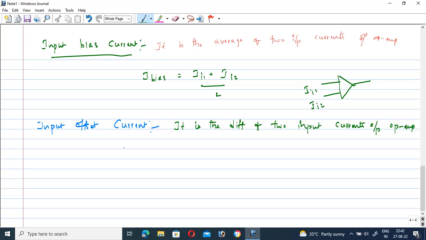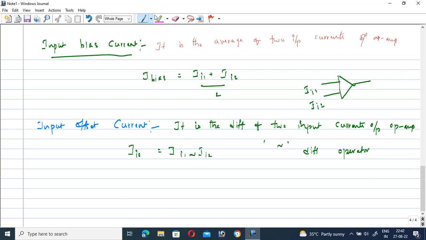Therefore, it can be written as the difference of II1 and II2. It is nothing but a difference operator.